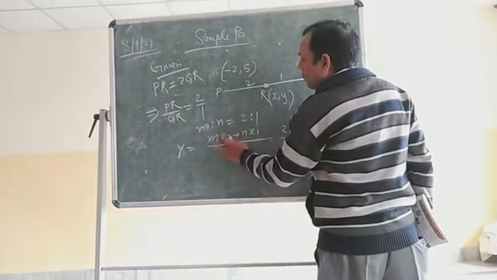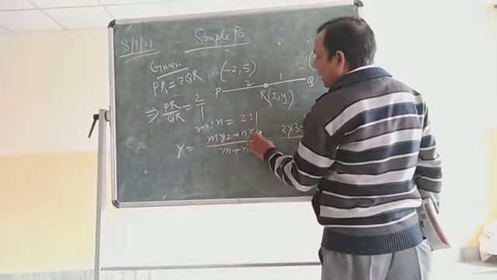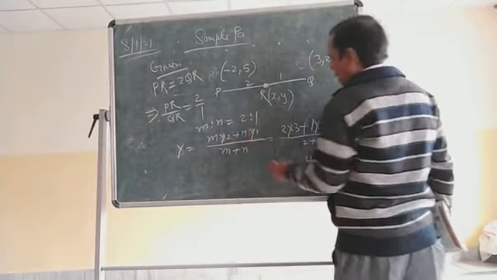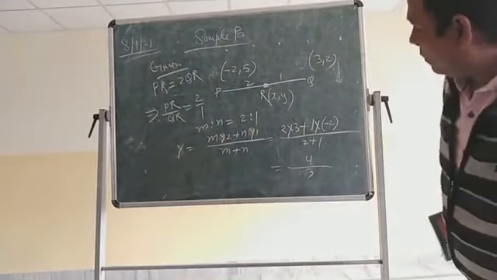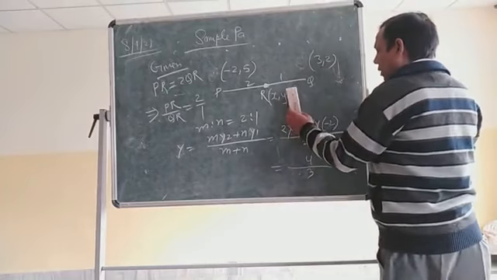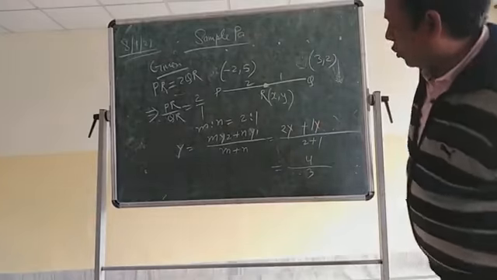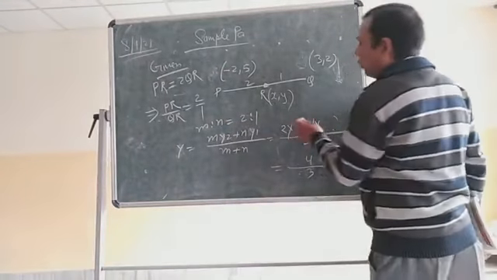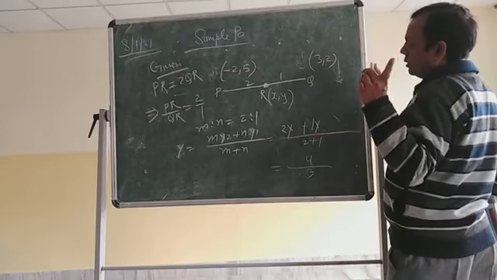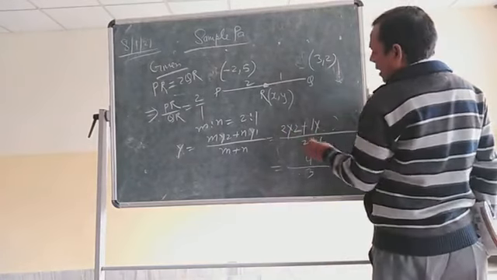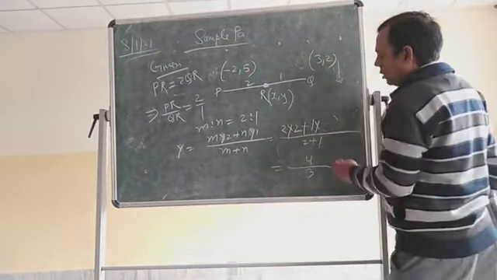So now I am going to find the value of y. y will be m y2 plus n y1, right? So you have to put the value. In place of y2, what will you put? 2. This is 2. And in place of y1, what will you put? 5.